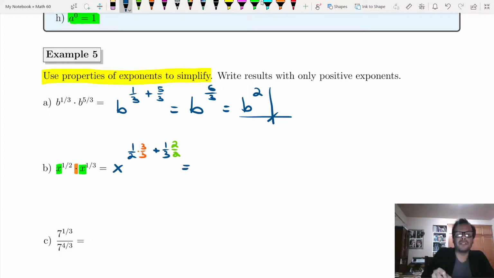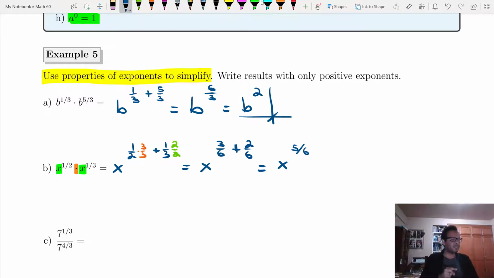So this is going to turn into x to the 3/6, plus 2/6, right? So 3/6 plus 2/6 is going to give us a total of 5/6.